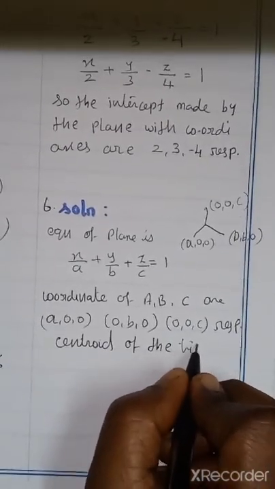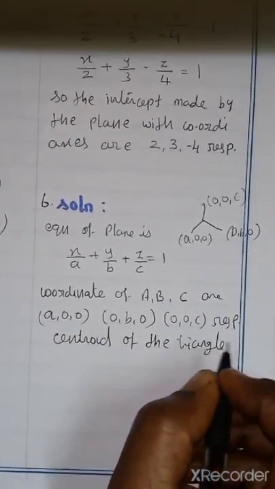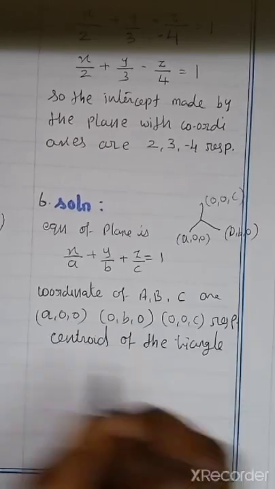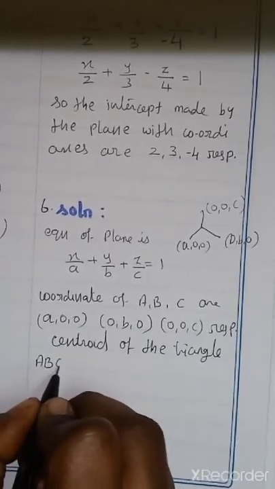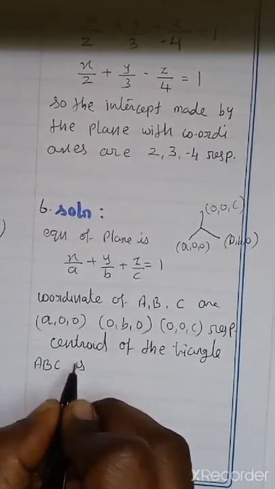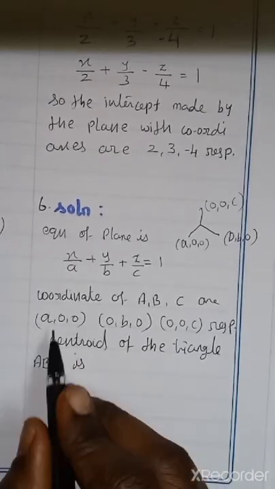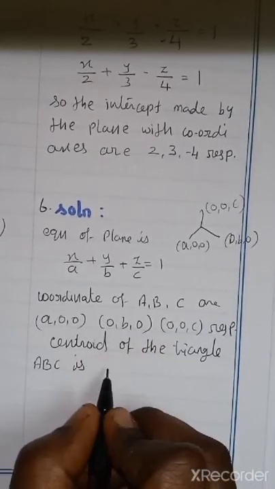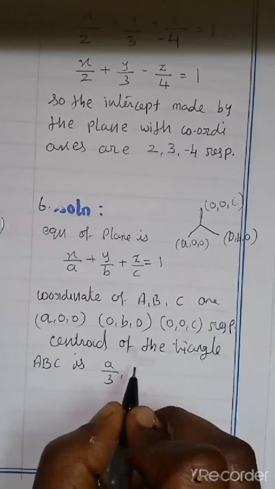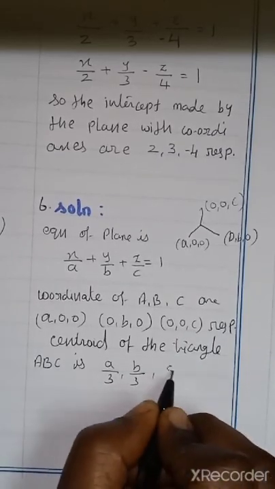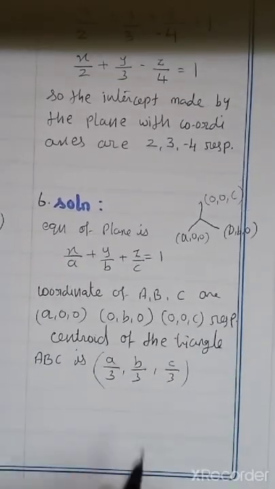So the centroid of the triangle ABC is A plus 0 plus 0 is A by 3. Similarly, B by 3, C by 3. Is that okay?